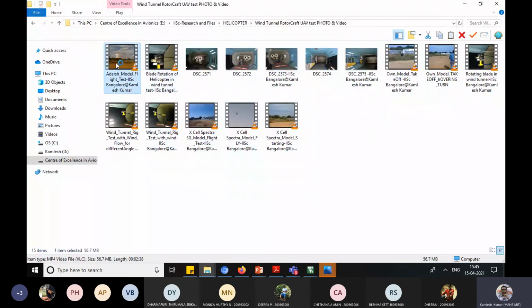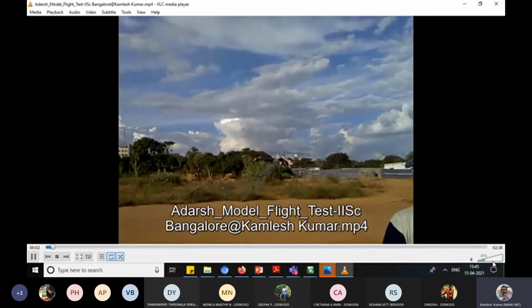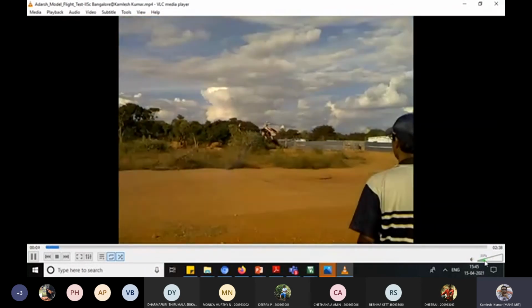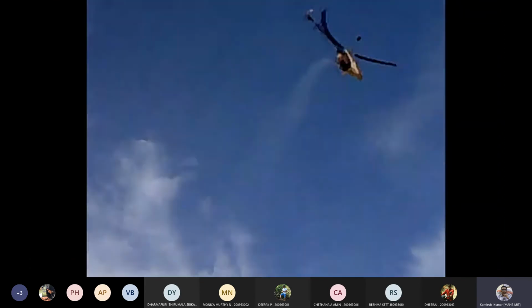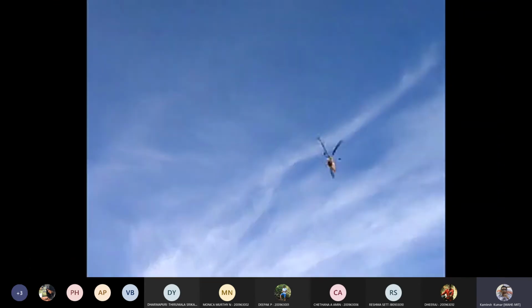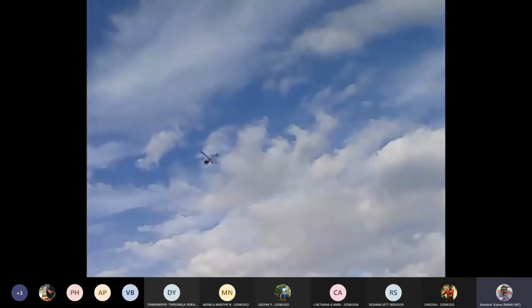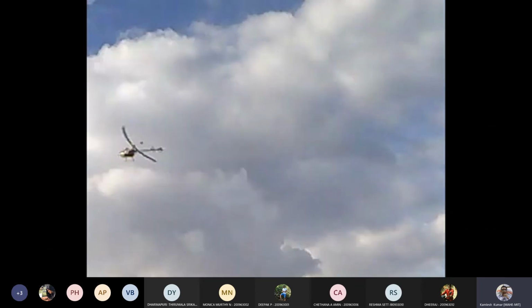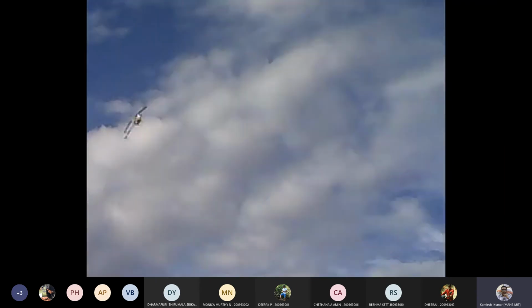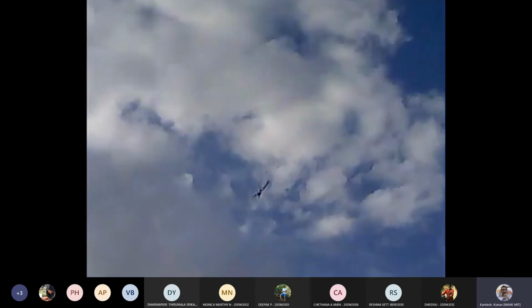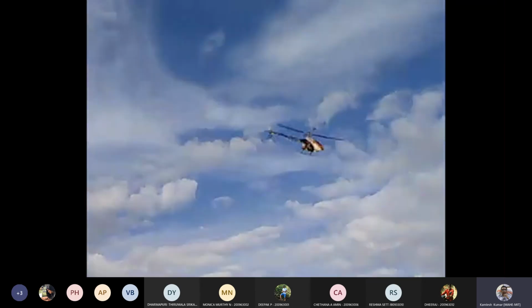So just see one model. Just like the full roll, full pitch, full inverted.